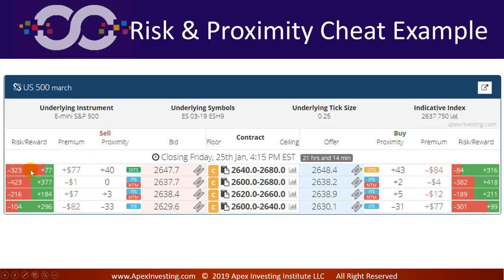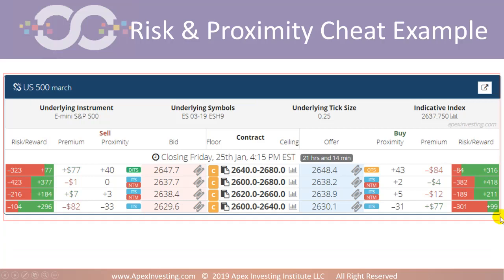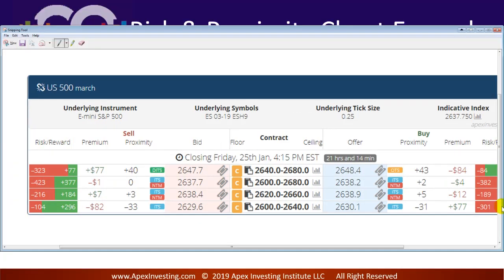So let's talk about a cheat. All right? Using the scanner. You can go in and you can look at the scanner and you can do all the math, which is pretty cool. I can go in on here and I can go, well, what is my risk? Because the scanner, the proximity, some people don't realize this. The proximity is in underlying ticks.